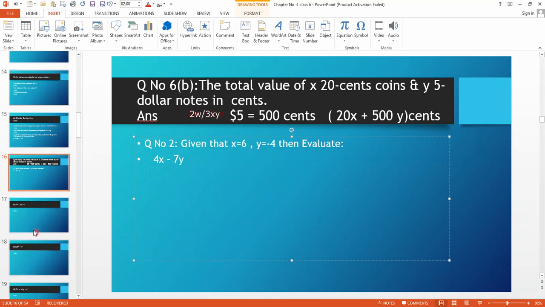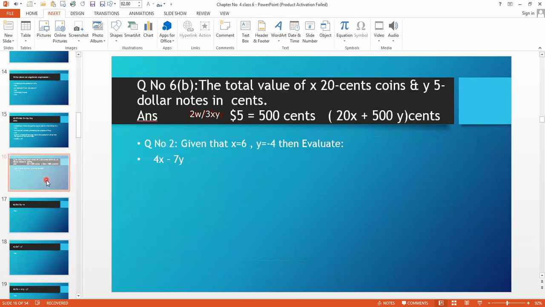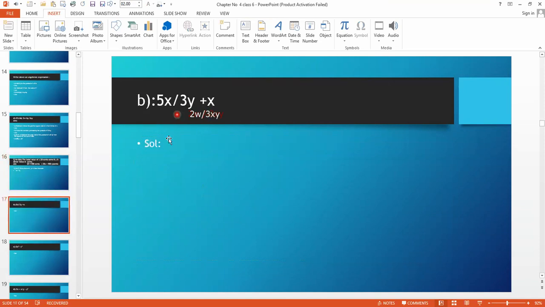And that question is the second part of this question number 2. 5x, and we already know the value of x. It is given in the question. X is equal to 6 and y is equal to minus 4. So instead of writing, look here. First, we have to come to this question. Five. And what is the value of x?